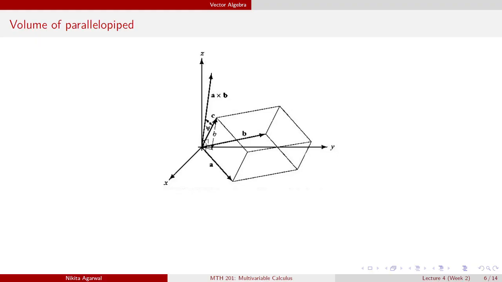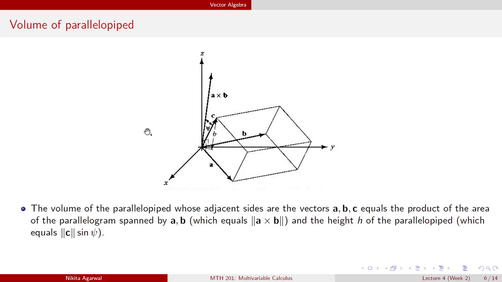So what do you do with the height? You look at this vector C and you look at this vector A cross B. Okay, A cross B is a vector that is perpendicular to the base, right? Now you look at this angle between C and A cross B. Okay, and this angle will give you this height. So let us see how.